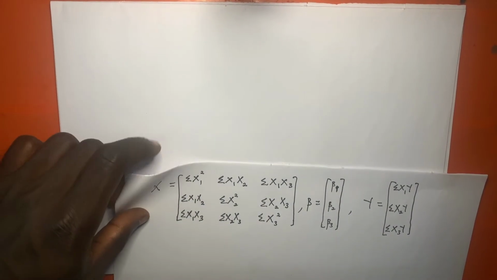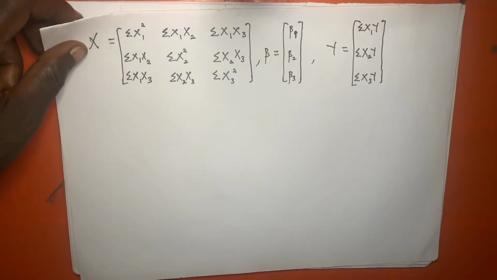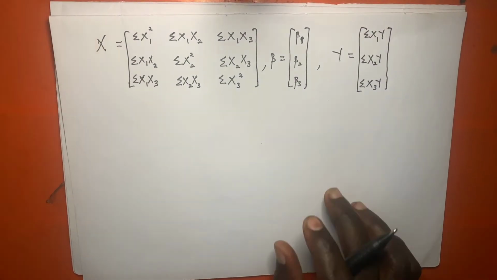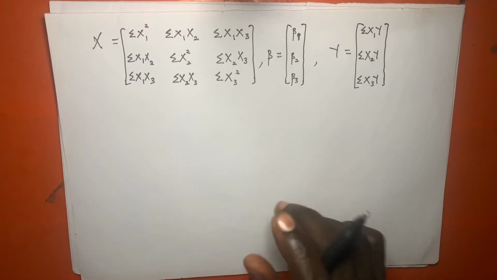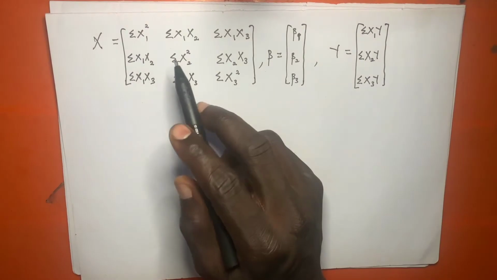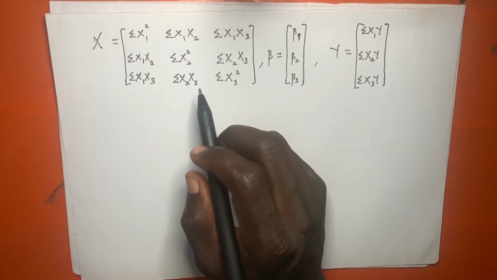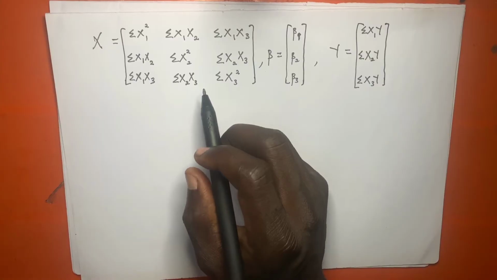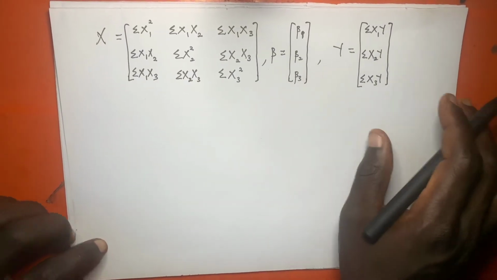So I can remove these totally, then focus on this particular page. All right, now as you can see, we have summation x1 square, summation x1 x2, summation x1 x3, right from what we have here.